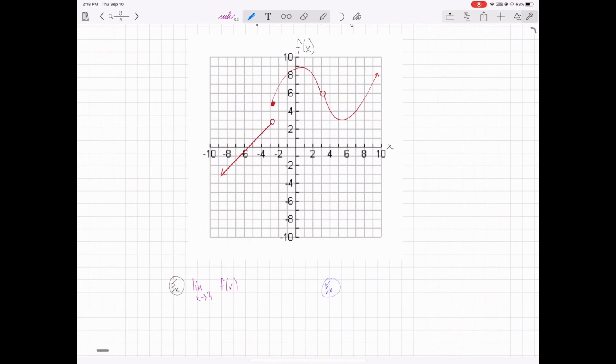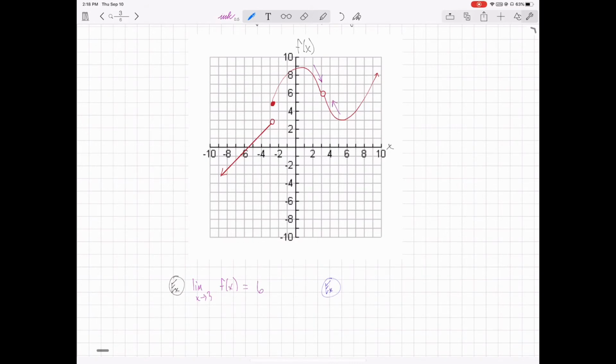So from the right, it's heading towards the value of 6, you can see that. And from the left, it's heading towards the value of 6. So this limit value is 6. So if you look at each of these statements, the limit as x goes to 3 of f of x, that's saying what y value is the function approaching as we head towards this x value.